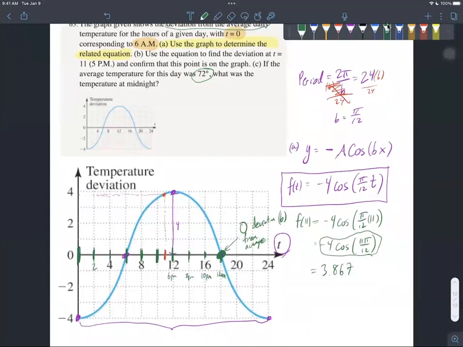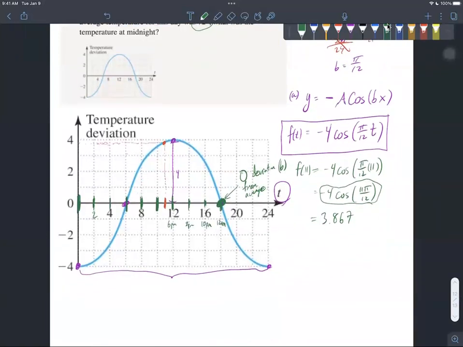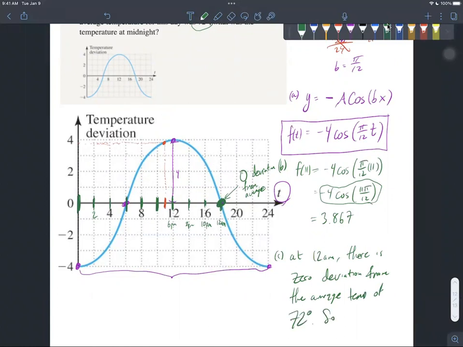All right. And so then for part C, we can say at 12 a.m., there is 0 deviation from the average temperature of 72 degrees. So it is 72 degrees Fahrenheit.